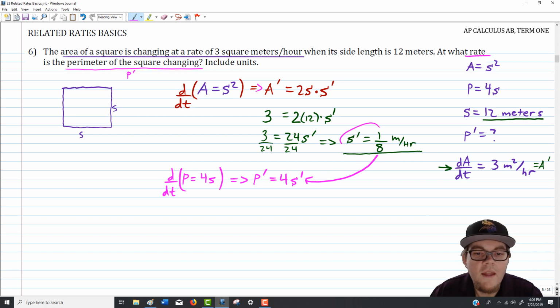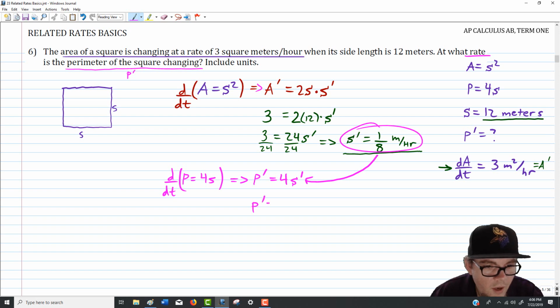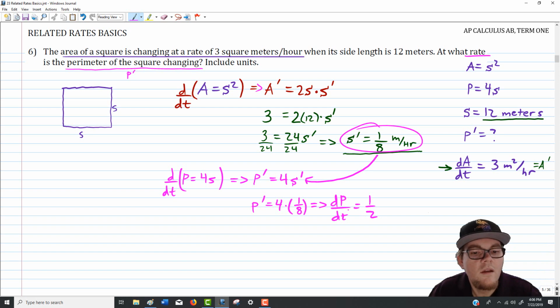We found that in the previous problem. We can connect those two pieces because these rates are indeed related. We can plug in that 1/8, and we'll get that P prime equals 4 times 1/8, and that tells us that dP/dt is equal to 1/2. So there is our perimeter's rate of change as a magnitude.